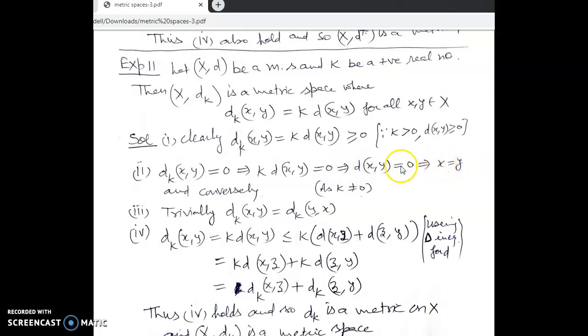Conversely, if x is equal to y, then d of xy will be 0, so this whole term will be 0, meaning d_k of xy will be 0, and trivially d_k of xy will be equal to d_k of yx.